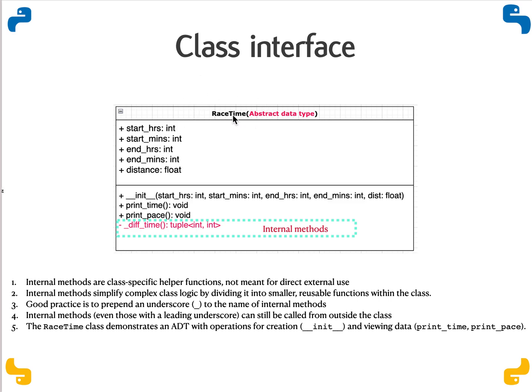So the RaceTime class demonstrates an ADT, abstract data type. It provides well-defined operations to create and view race time data, while the internal calculation is hidden from the direct user.